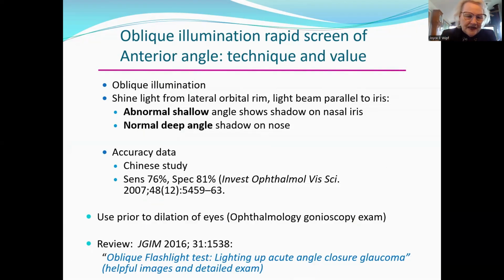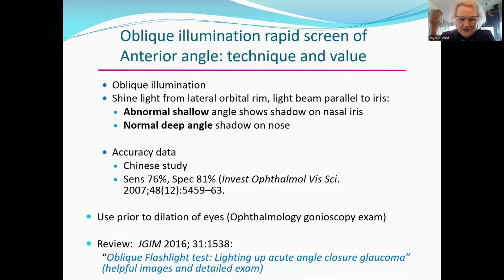I used to say that there's not really accuracy data for this. I think I've seen 2 shallow angles in my career in GIM, and that was from years ago when we were doing more dilation. There was, however, a study done in China, published in 2007, showing a sensitivity of 76% and specificity of 81%, and it is recommended that we use it prior to dilation.